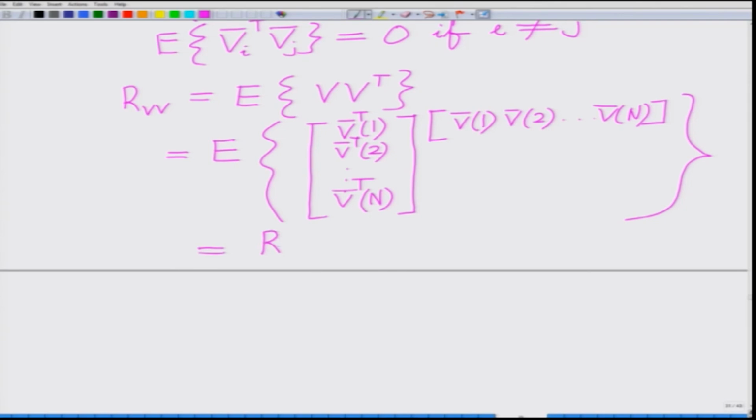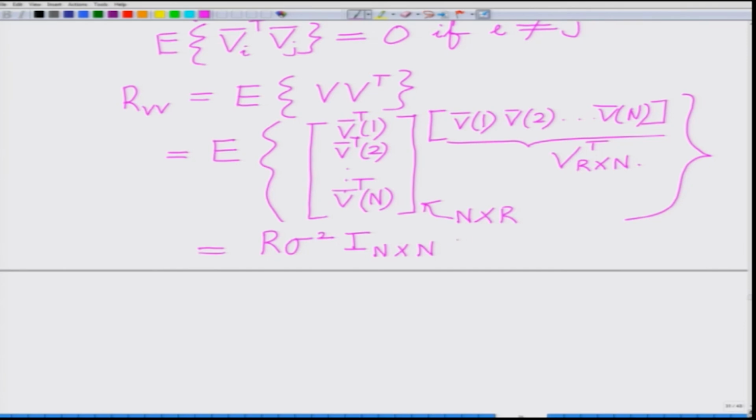So, this will be R sigma square I, an n cross n identity matrix, because V is n cross R and V transpose is R cross n, so V V transpose is n cross n.